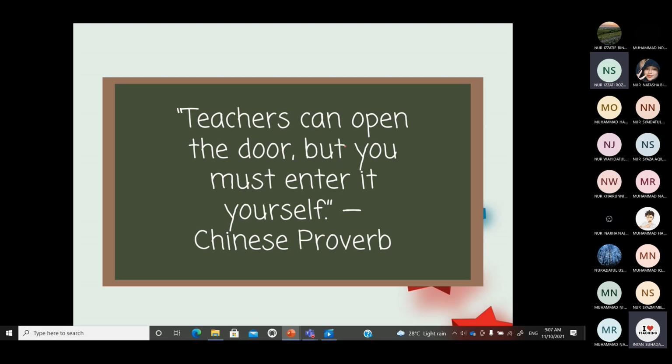It means that teachers can make classes, can make tutorials, but if the student doesn't have the courage to learn, you yourself must enter into that class. You must ask, so that the learning will be more enjoyable and memorable for you later. Right?